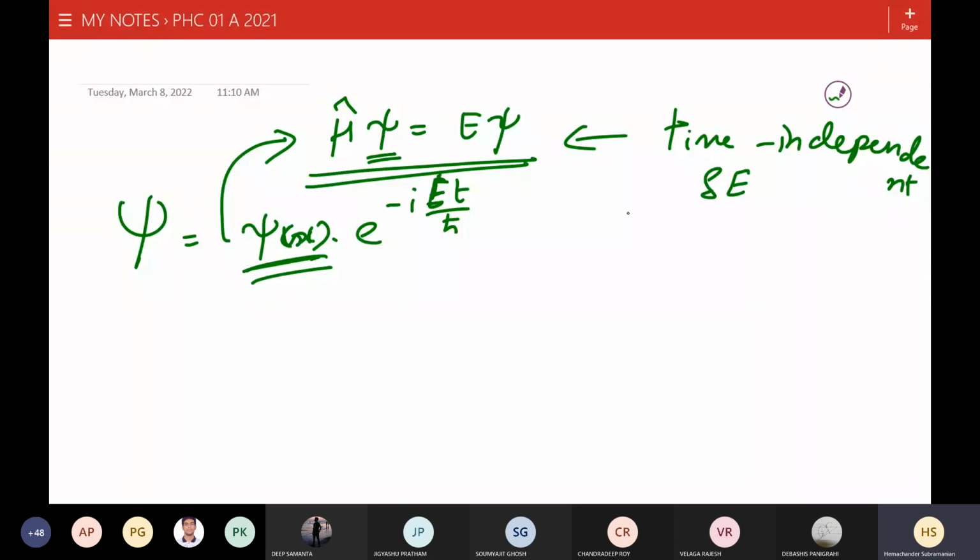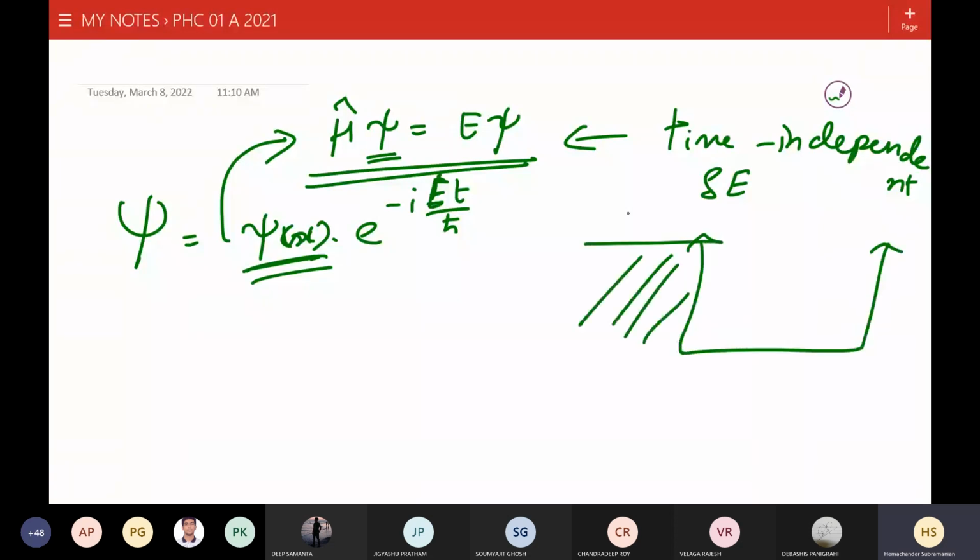So how do we proceed? Look at the potential. The potential is infinite in these regions, below x equals 0 and above x equals a. Can the particle be in these regions? Beyond x equals a, the particle cannot be found because the potential is infinity.